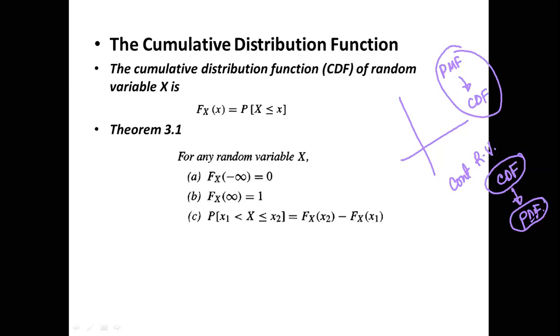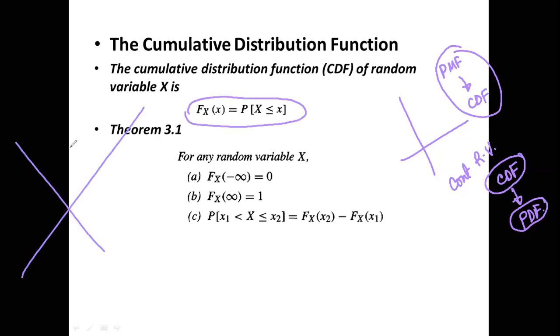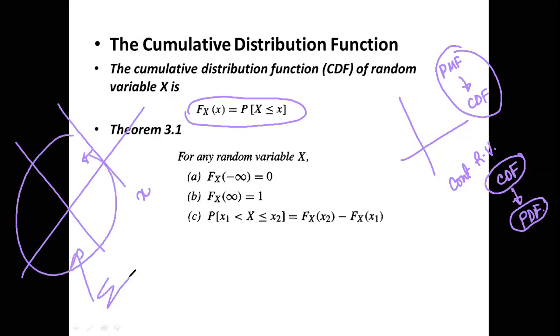We know already that the CDF is the probability of X less than or equal to x. There is a value of x, and before the value of x, whatever probabilities there are, we will sum. We will add. That will be the F(x).